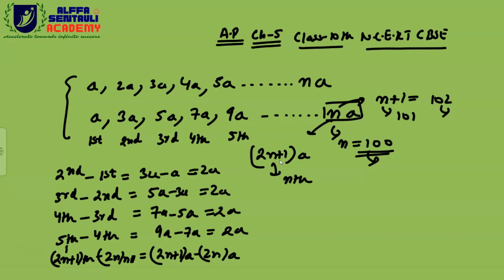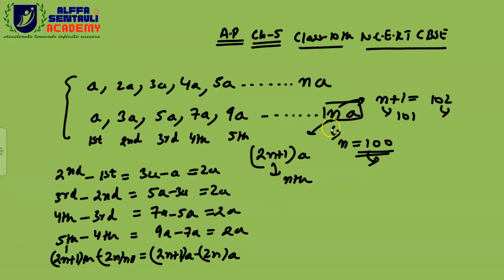But how are you going to subtract this? The difference that you must get is 2A, because you are getting 2A, no?